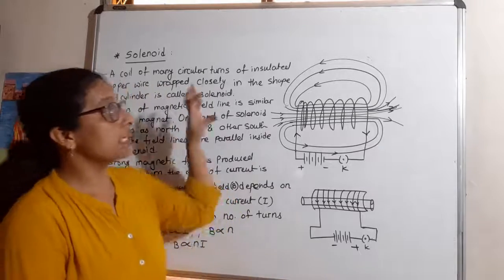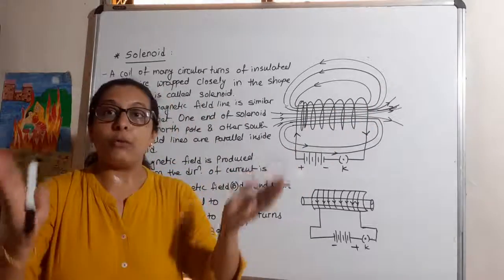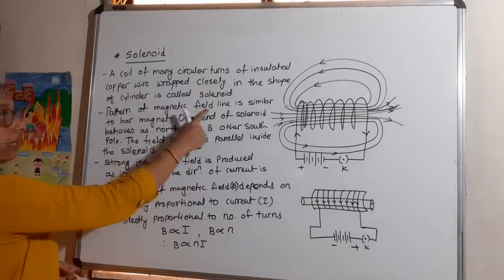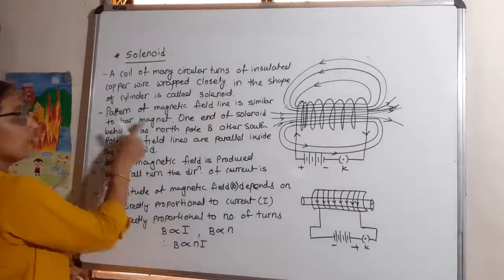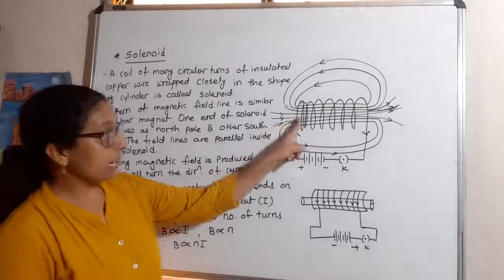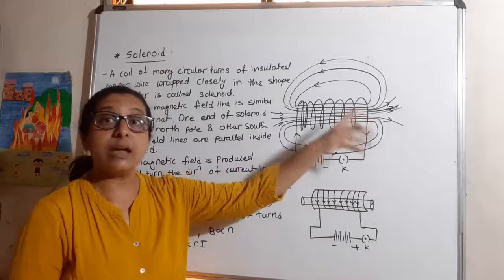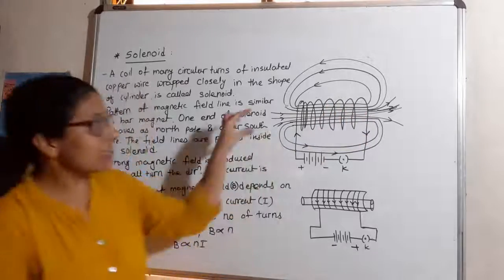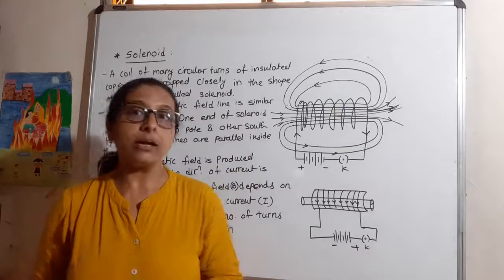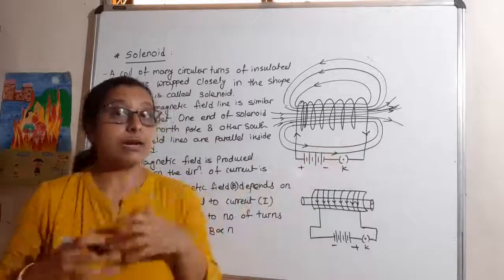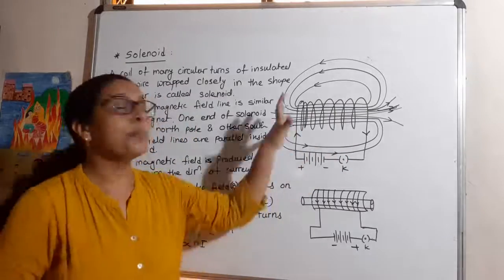It produces a magnetic field in the surrounding area. That pattern of magnetic field lines is similar to the bar magnet. One end behaves like a north pole and the other end behaves like a south pole. So it behaves just like a bar magnet, and it can produce as strong a magnetic field as a bar magnet.